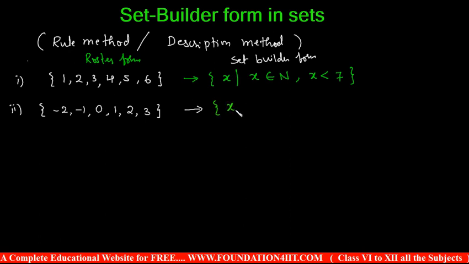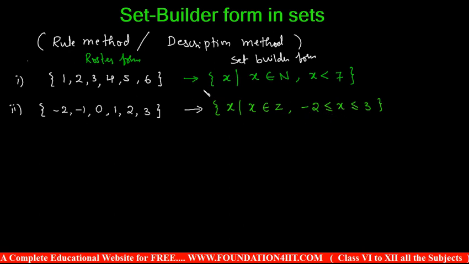Let me take all the elements as x, such that x belongs to integers, because there are negative and positive numbers. The minimum is -2 and the maximum is 3, so x is between -2 and 3: -2 less than or equal to x, less than or equal to 3. We are just making some rule or description. That's why our set builder form is this.